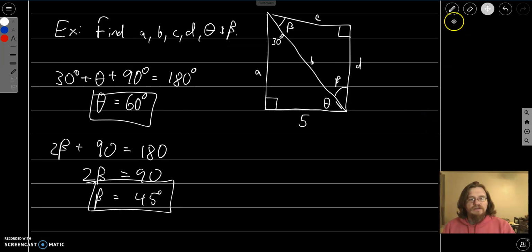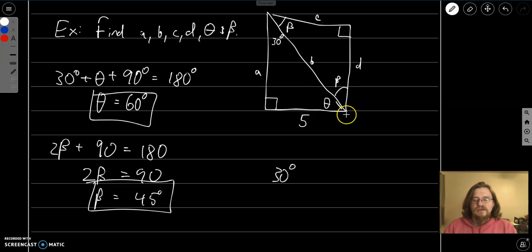So let's start with B here. I want to relate B to the other sides of this triangle and the angles in this triangle. So for instance, if I'm looking at 30 degrees and I'm looking at B here, B is the hypotenuse.